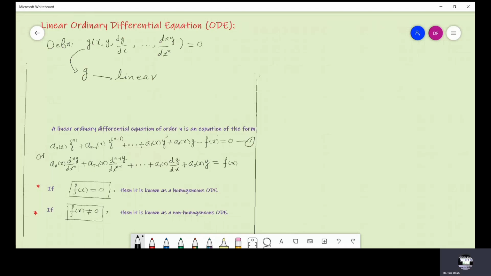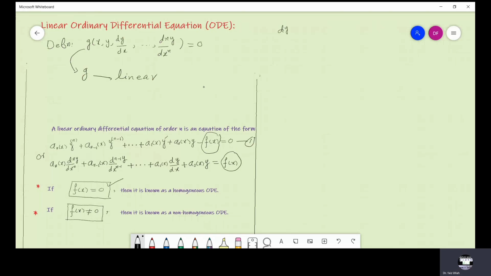Now, if the function f of x is 0, then it is known as a homogeneous ODE. And if the function f of x is not equal to 0, then it is called a non-homogeneous ordinary differential equation. Let us see some examples.